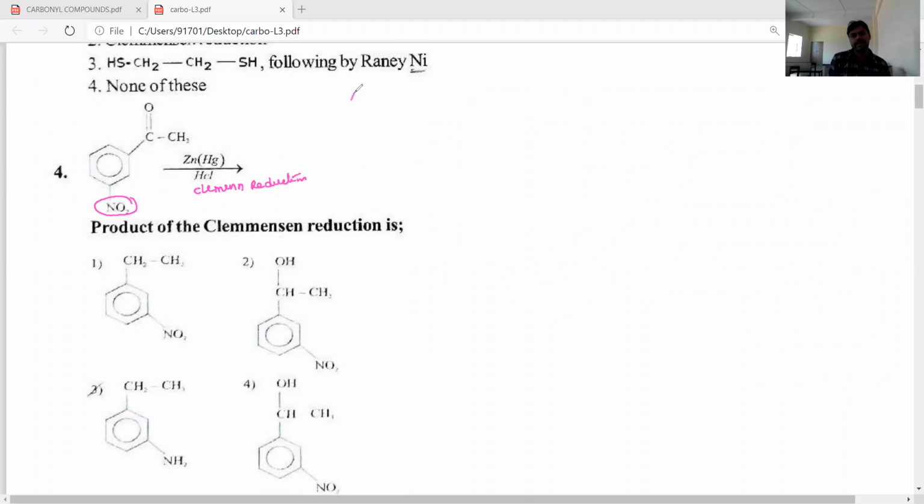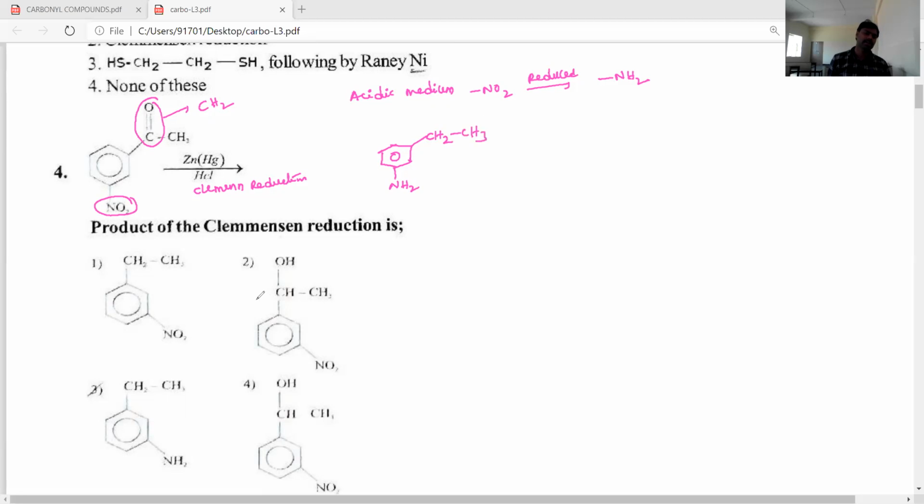In acidic medium, this NO2 group is reduced to an NH2 group, and in Clemmensen reduction the C=O group is converted into a CH2 group. So the resultant final product has NO2 converted into NH2 and C=O CH3 converted into CH2CH3.